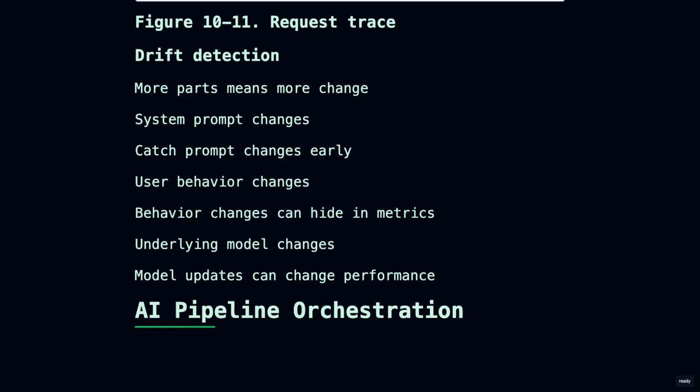In this section, we look at how to coordinate multiple AI components into one working system. The key idea is not just having models, but making sure they receive the right inputs in the right order with the right checks along the way.